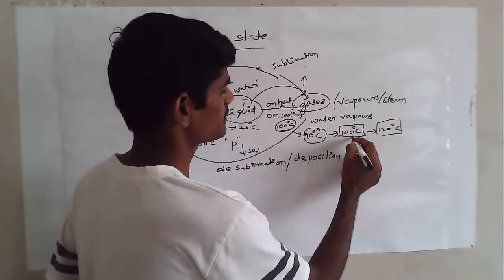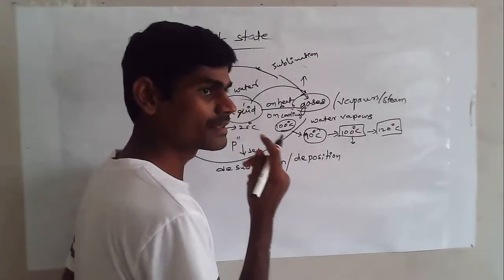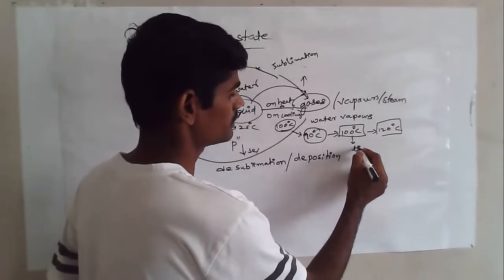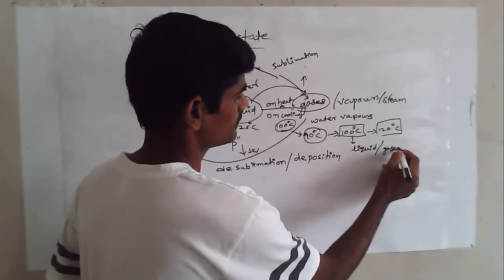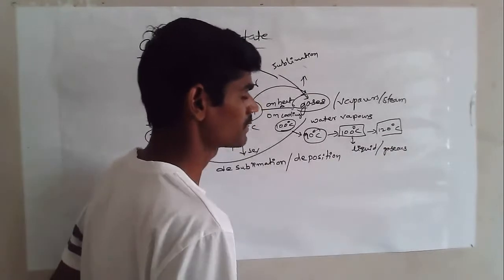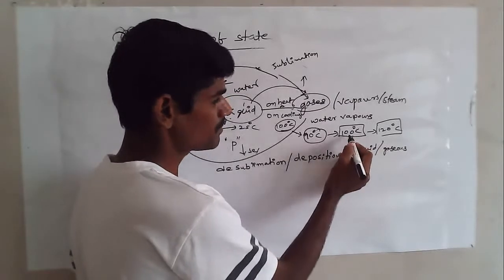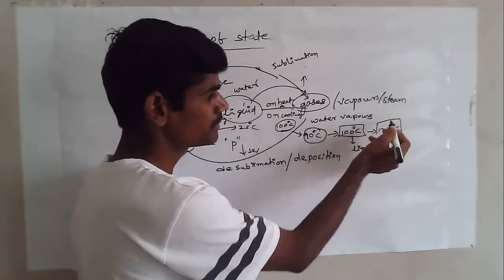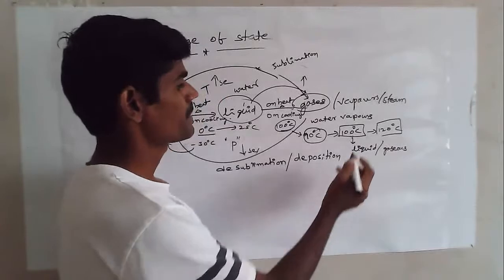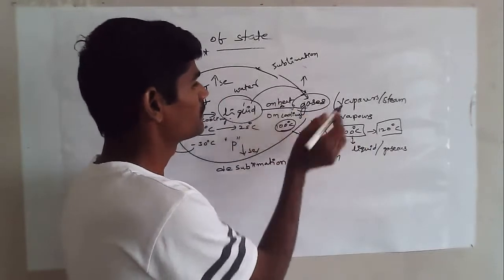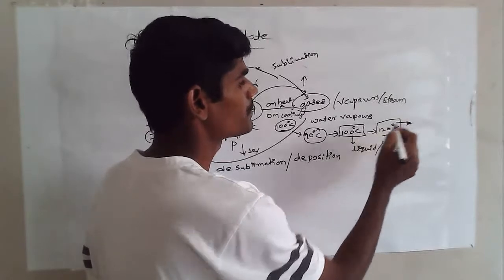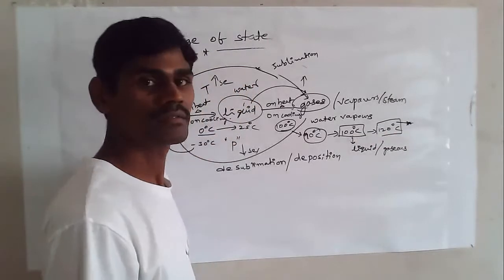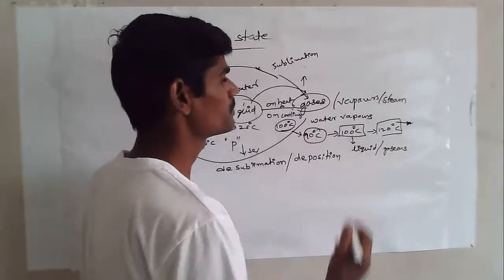At 100 degrees Celsius, liquid particles are present, in liquid state, neither in gas state. When temperature rises from 100 degrees Celsius to 120 degrees Celsius, the liquid particles directly appear in the form of steam or vapors.